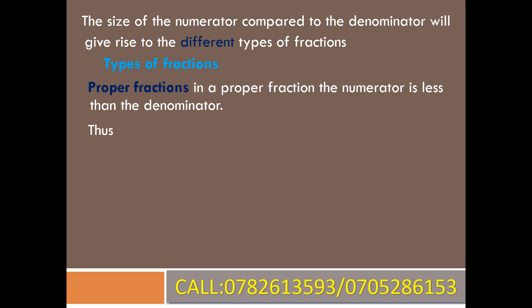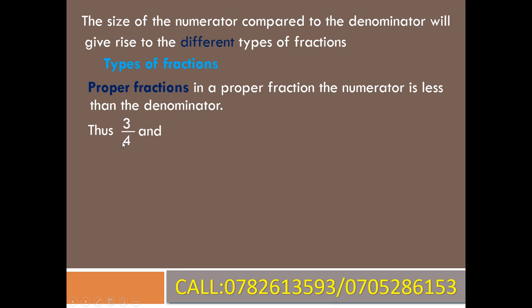For instance, when you look at 3 out of 4, in this case, the 3 is the numerator and 4 is the denominator. This is what I was referring to. 3 is the upper number and 4 is the lower number. So 3 is the numerator, whereas 4 is the denominator.